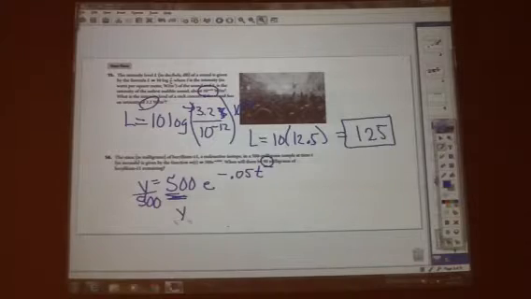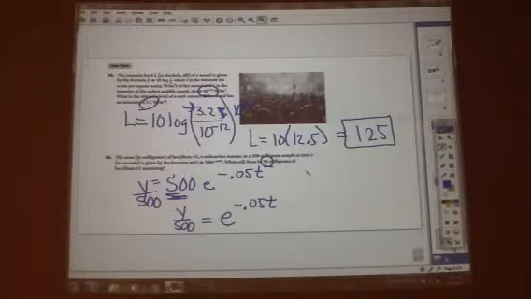So that really gives me y over 500 equals e to the negative 0.05 t. Now, this isn't any different than what we did a while ago. Our exponent goes to the other side, and this becomes our whole number on this side, and the e becomes ln.